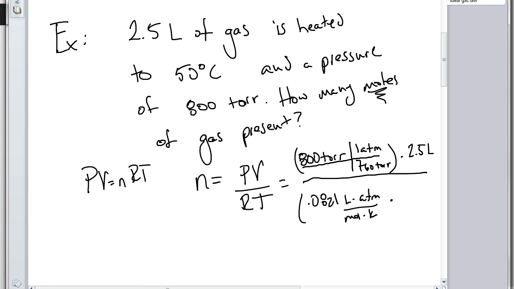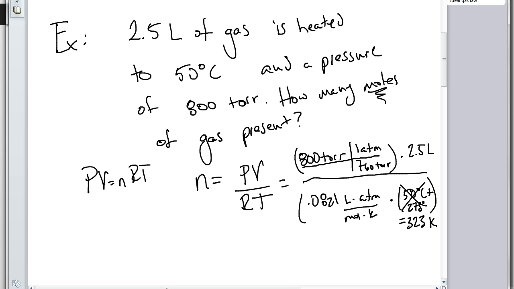We've got to make sure that we convert that 50 degrees Celsius. We're going to add 273 to get us to Kelvin, which is going to give us an overall answer of 323 K. That's the actual value we want to use there. So I just wanted to put that there so you saw what I did.